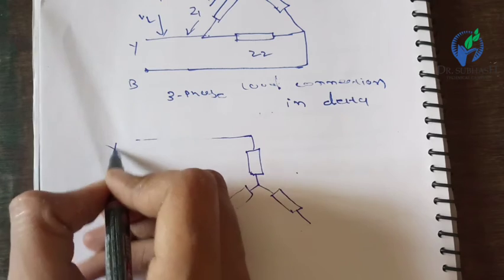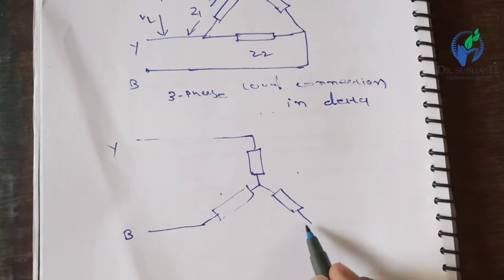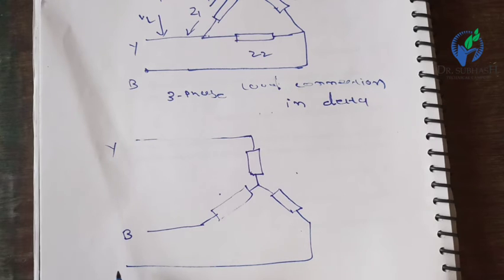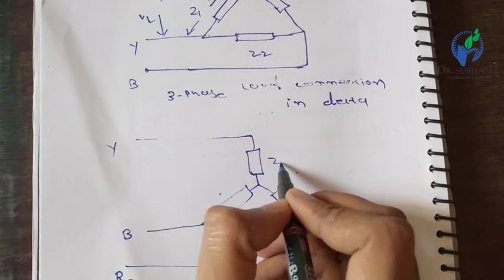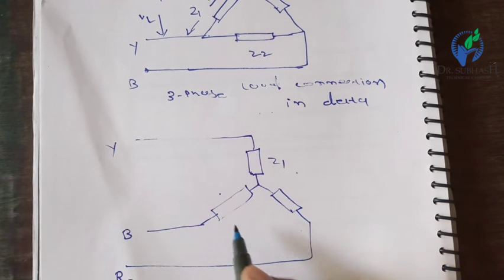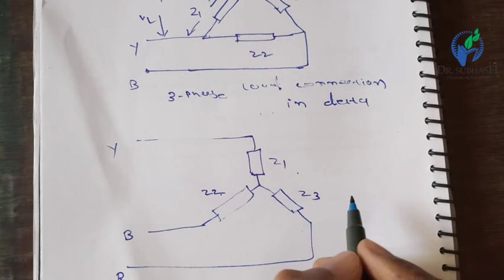This is the Y phase, the B phase and the R phase. For the load, as I previously discussed, there is an inductive, resistive or capacitive load. So the common loads we write as Z1, Z2 and Z3.